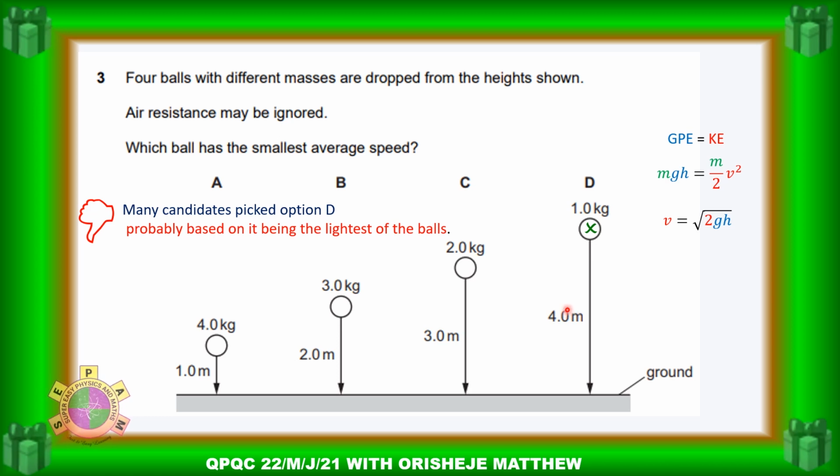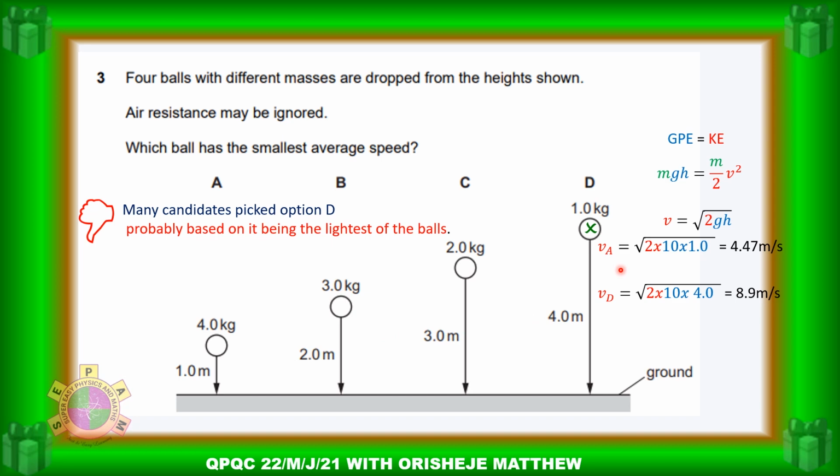So the mass does not have anything to do with it, and the issue of the lightest ball is not a consideration. What affects the speed is the strength of gravity and the height from which the ball is dropped. The one with the smallest average speed is the one dropped from the shortest height. So that is why A.